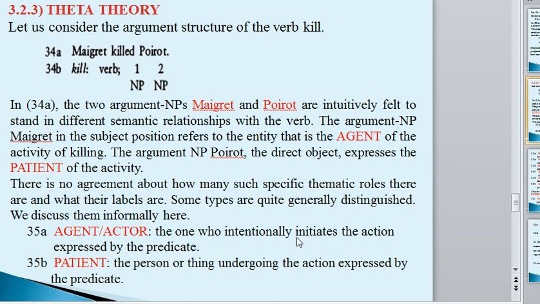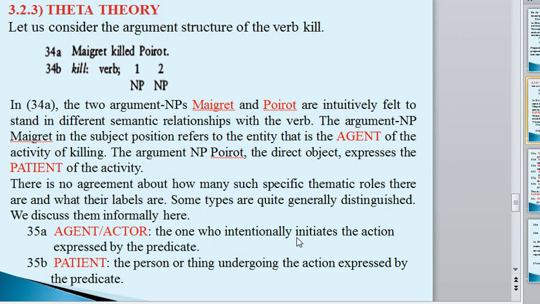As you know, in the previous session, I talked about the constituents of each sentence, I mean the phrases and the words. And then I talked about the relationship between the predicate and its arguments.